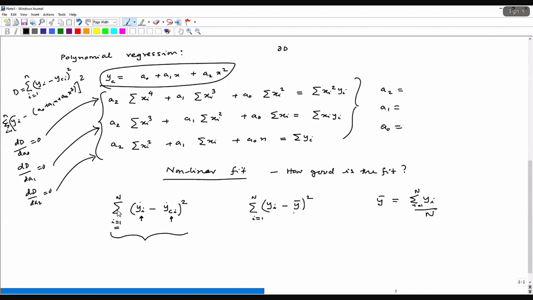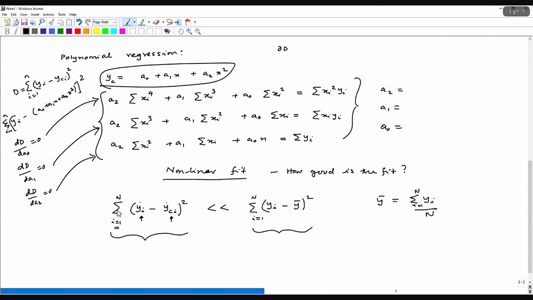The right hand side depicts the deviation of the data with respect to the mean, and square of that. For a fit to be considered good, the left hand side should be less than the right hand side.